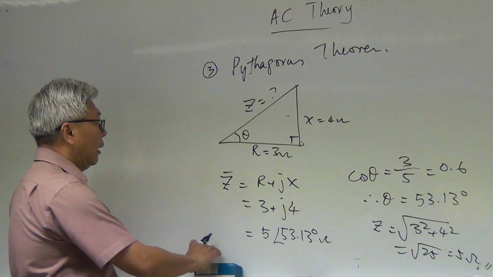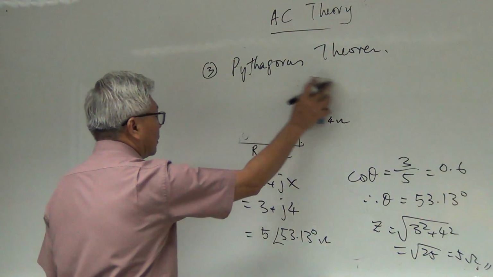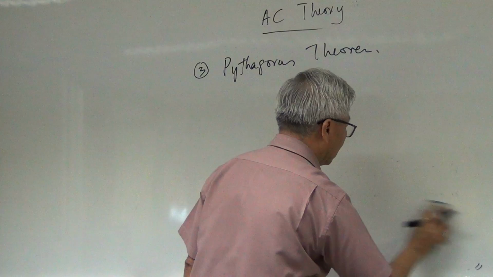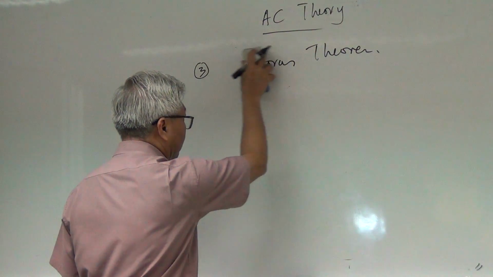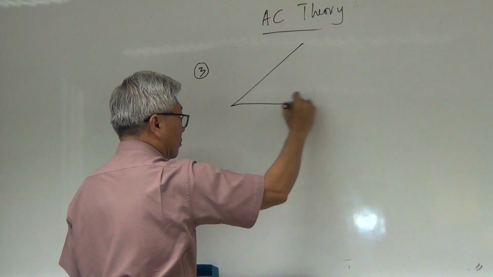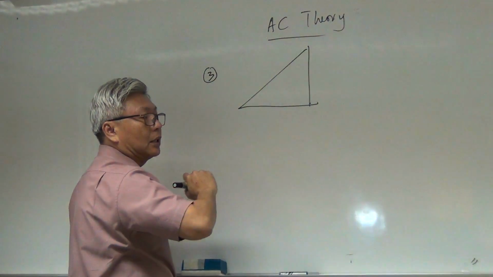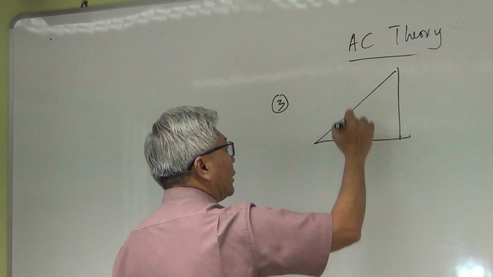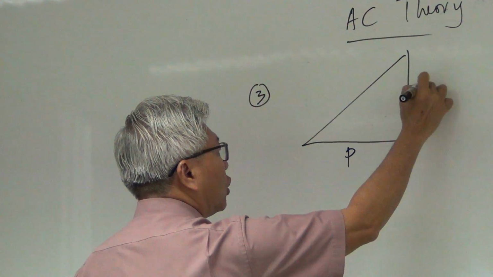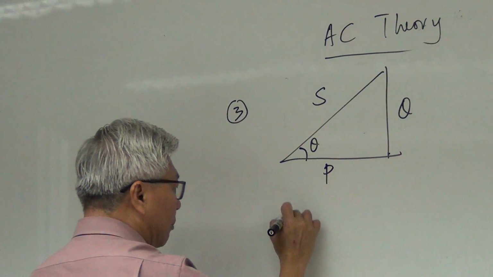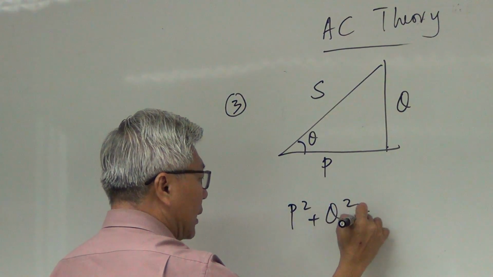Okay? Another thing about right angle triangles is the trigonometry. Now you have learned in your engineering mechanics that if I call this P and Q, and this is S and this is theta, you learn that P square plus Q square is equal to S square.